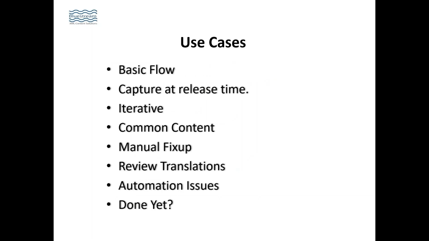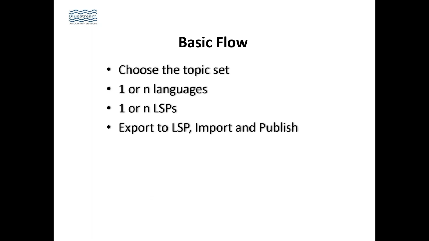Requirements and solutions. So we've got basic flow, capture at release time, iterative, common content, manual fix-up, review translations, automation issues. The basic flow is: choose the topic set, the source language, the target languages you want it translated into, and one or more LSPs.